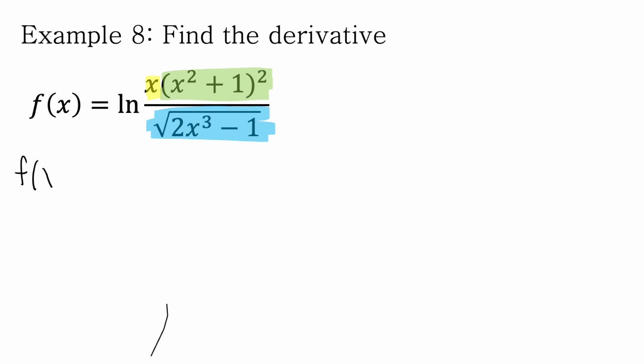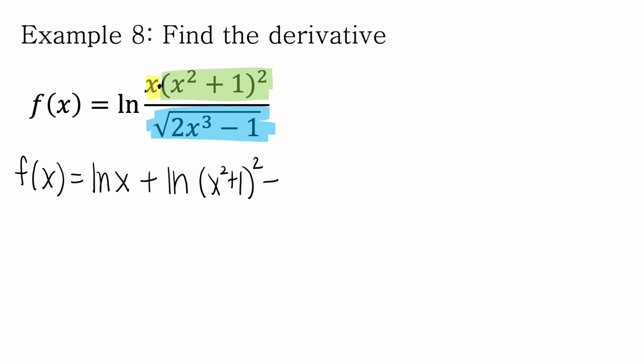So my function f of x would be equal to the natural log of my first function x, because I'm being multiplied, plus the natural log of my second function, x squared plus 1 squared. And then moving to my denominator, I'm going to separate by subtraction the natural log, and I'm going to rewrite this as 2x cubed minus 1 to the 1/2 power.